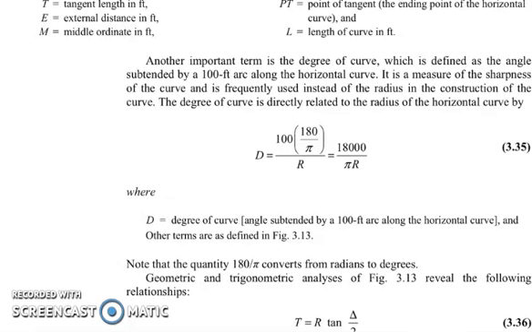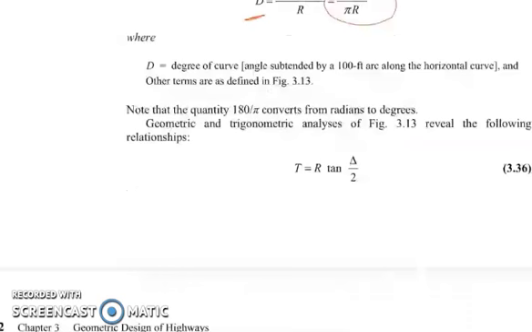So our degree of the curve is equivalent to 100 times 180 all over pi times r, or simply 18,000 all over pi times r. We also have some geometric and trigonometric analysis. Our T, which is the tangent length, is equal to r times tangent of delta, the central angle, all over 2.